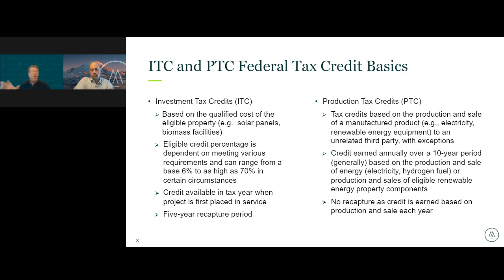So if you think of your typical $100 project, think about it either a 6%, 30%, 40%, 50%, and then there's an opportunity to jump up to 70%. The credit is available one time for the year in which it's placed in service.